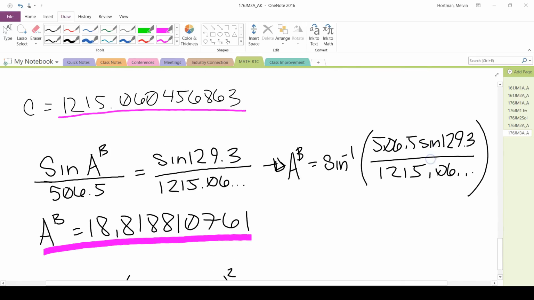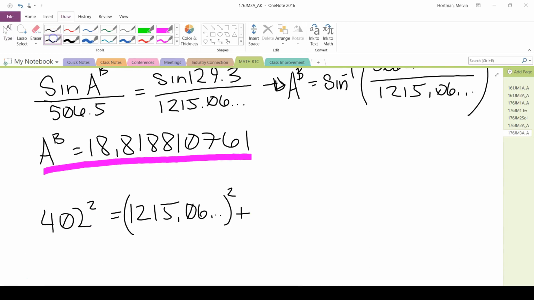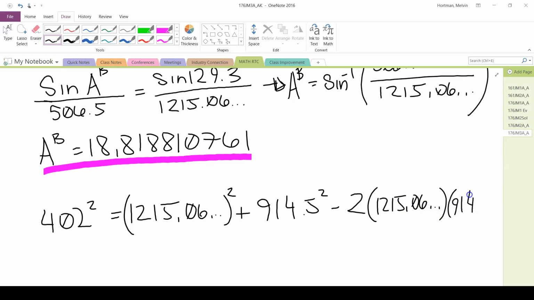Plus 914.5 squared minus 2 times 1215.06 times 914.5 multiplied by cosine of the top half of A.